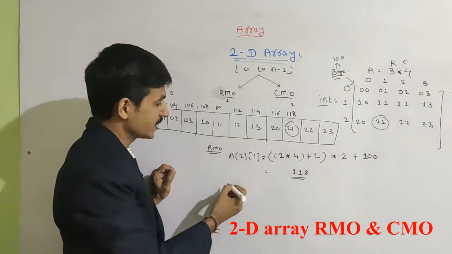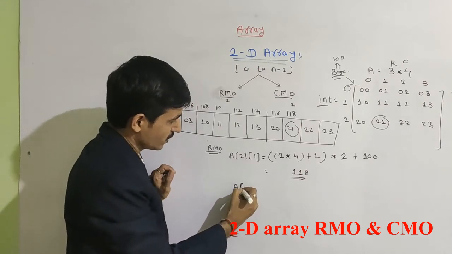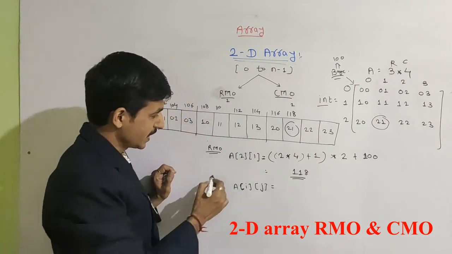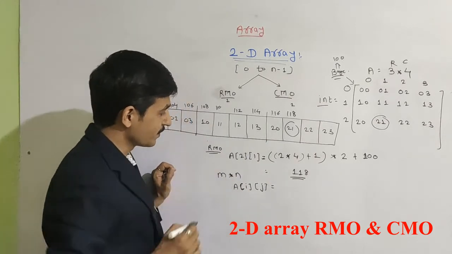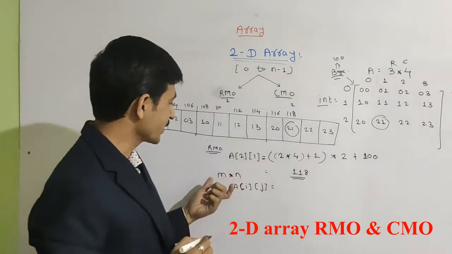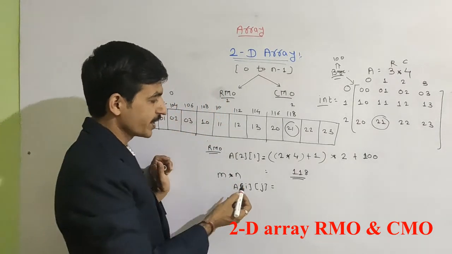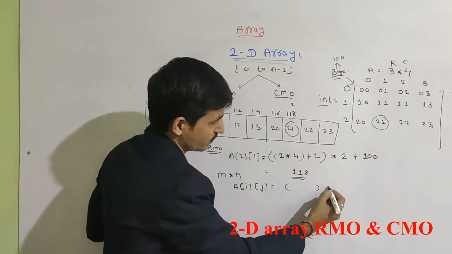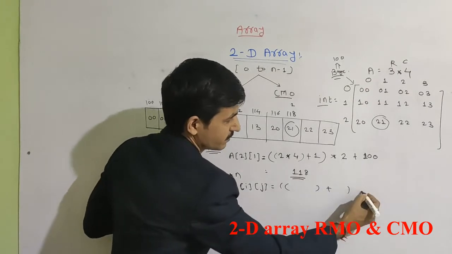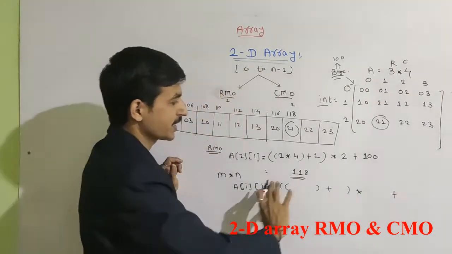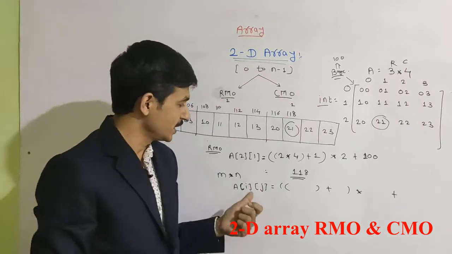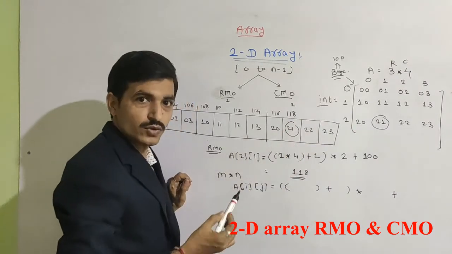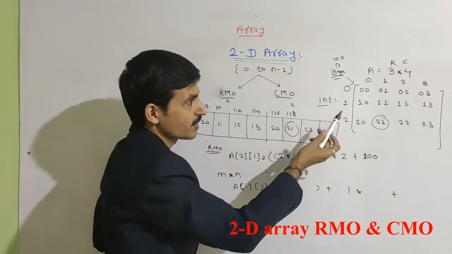We can extend this with the help of a formula, so that you can remember it in terms of i and j. My array size is, let's say, m into n, m number of rows and n number of columns. Now we have to write in terms of a formula how we can reach this element in terms of i, j. 2 rows have to be crossed and 4 elements.